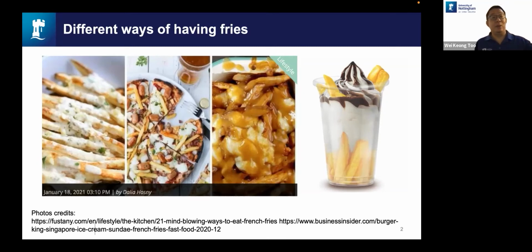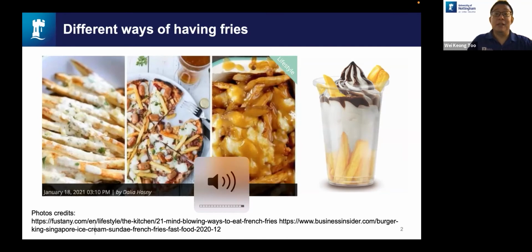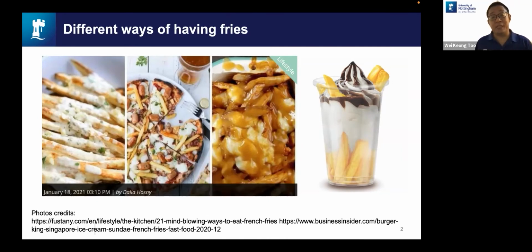On my left, you just have the regular French fries sprinkled with a little bit of yogurt, and then you can put it as one of the toppings for pizza. And you can include it with mashed potato, potato plus potato. And the latest one, which is French fries, ice cream.